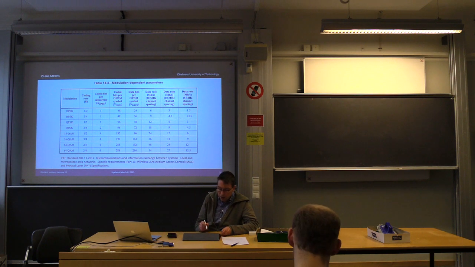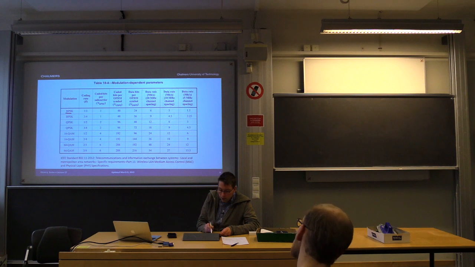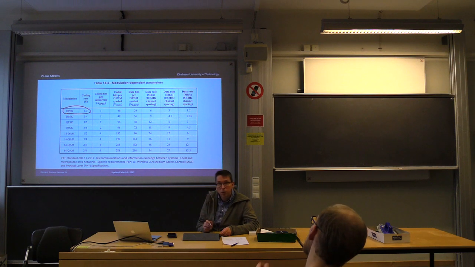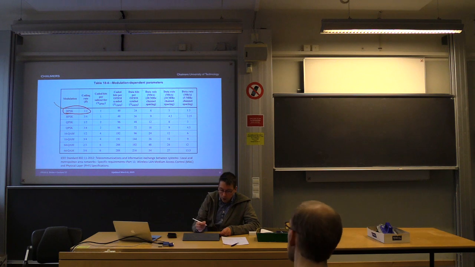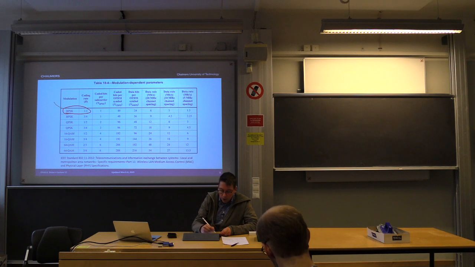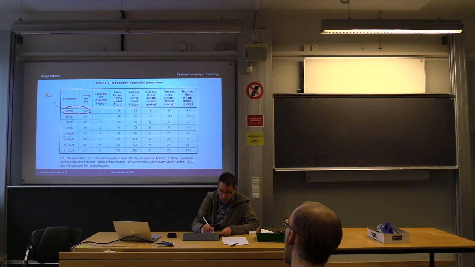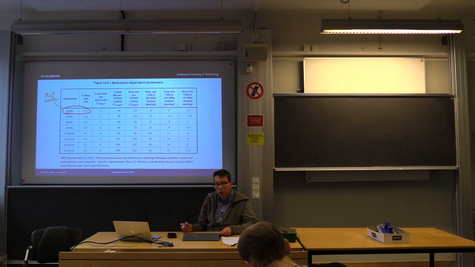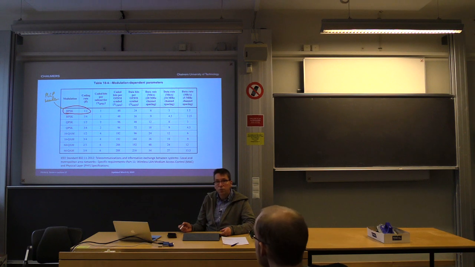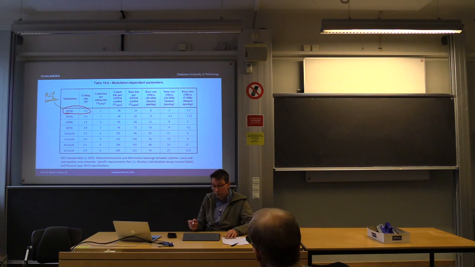Okay, so these are the coding and modulation dependent parameters. I said that the first part is using this coding and modulation. This is for the PLCP header information. It's always carried by this. But which one we use for the green part for the data could vary from frame to frame, and that's SNR dependent.